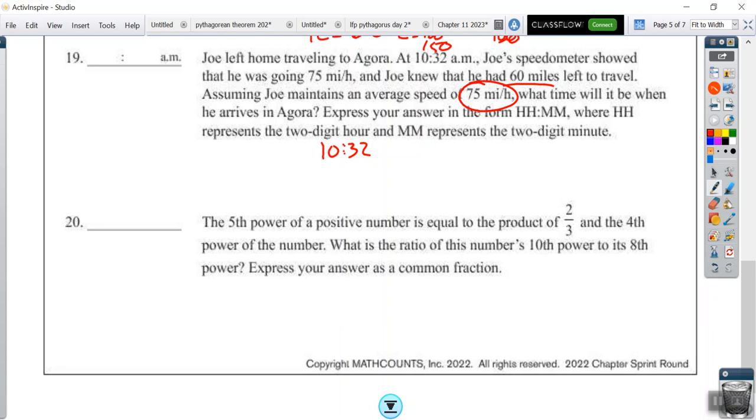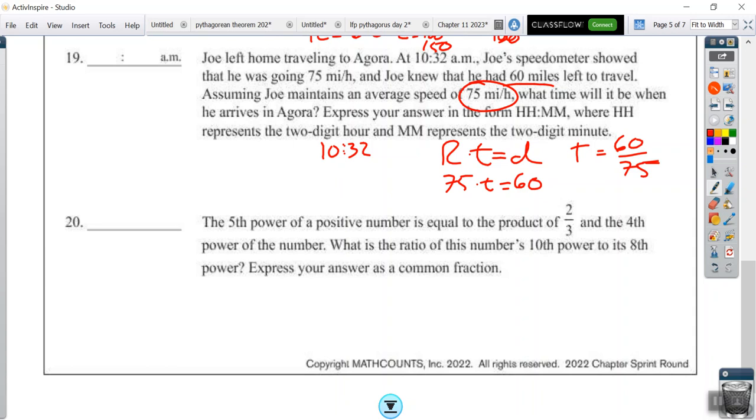All right, so we know rate times time is equal to distance. So my distance is 60, my rate is 75, so my time is going to be 60 over 75. Well, that's not super helpful because I need hours and minutes.